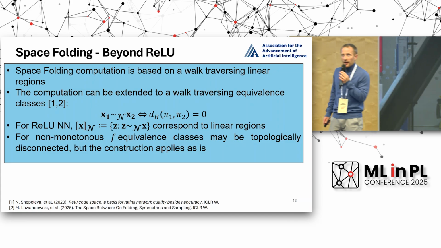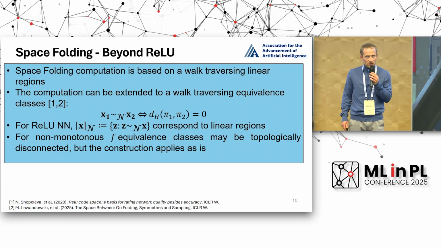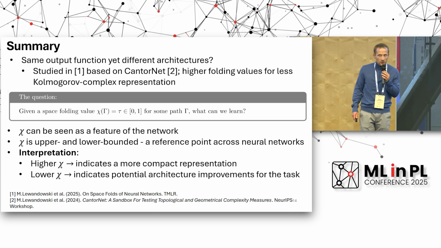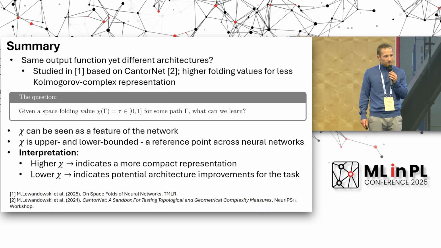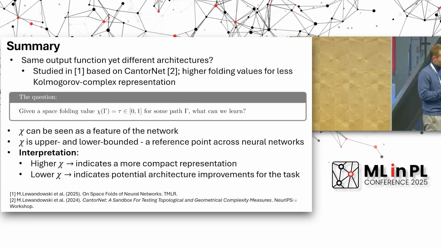Which leads me to perhaps the takeaway message of this presentation. If we were to ask the question, given a folding value for some path gamma, what can we learn? We propose to see the folding values as a feature of the network.